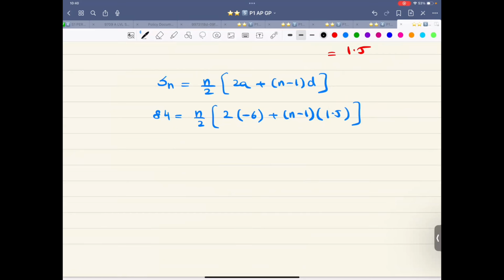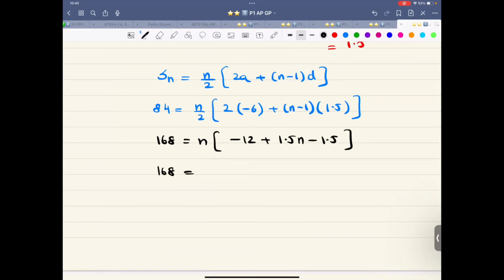Open it up. 2 into 84 is 168 equals n, negative 12, plus 1.5n minus 1.5. 168 is n, 1.5n minus 13.5.